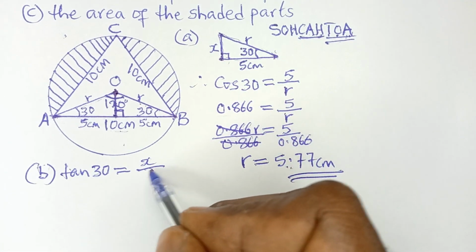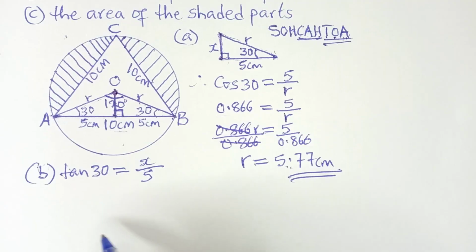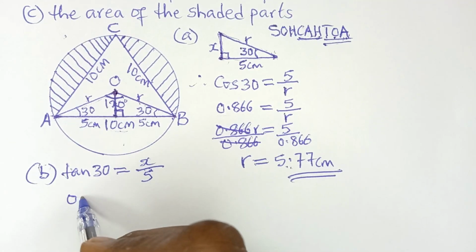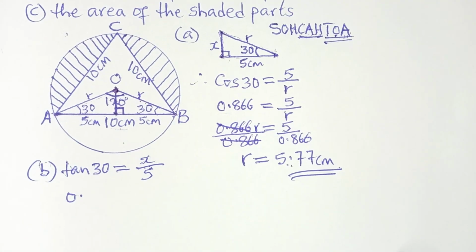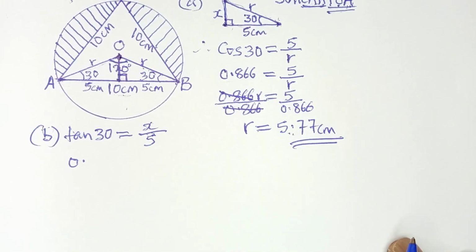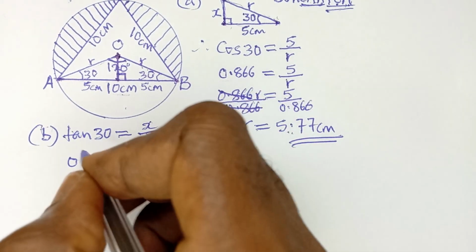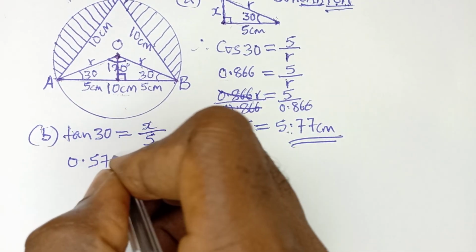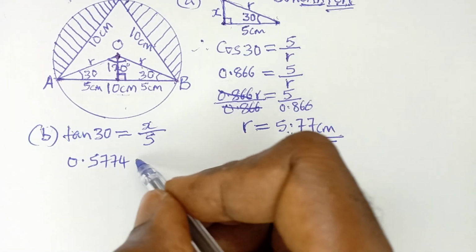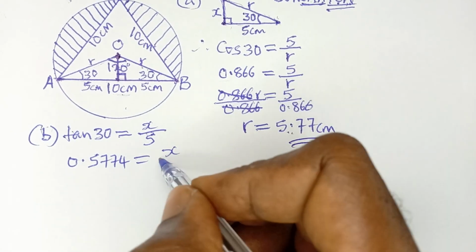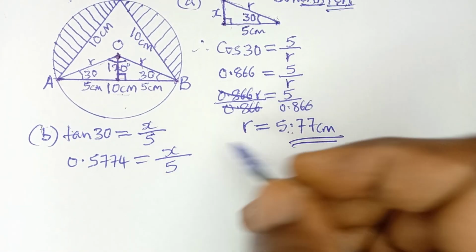So tan 30 is 0.5774. And that will be equal to x over 5.